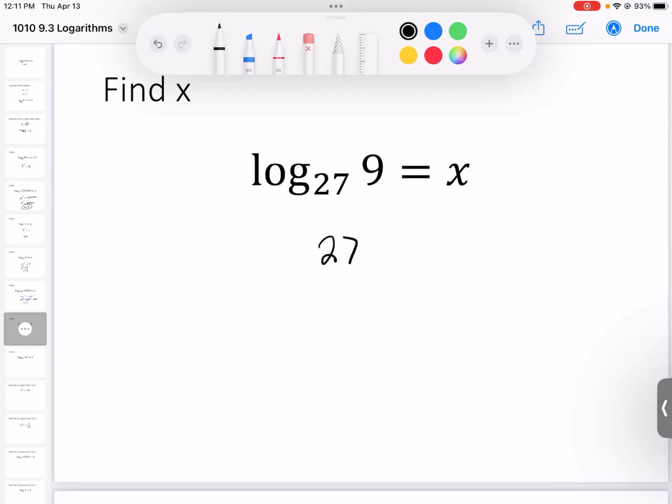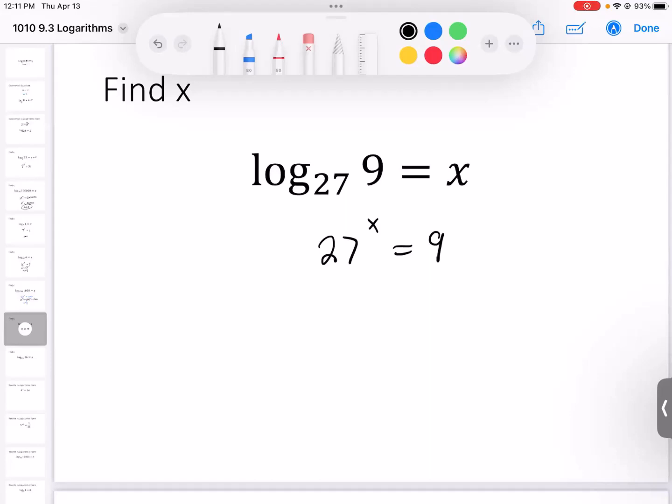What's the exponent? Okay, and what does that equal to? 9. Okay, so this is exponential form. And when we look at this equation in exponential form, is x going to be greater than or less than 1?